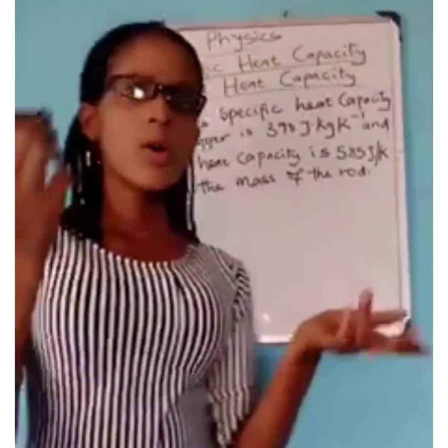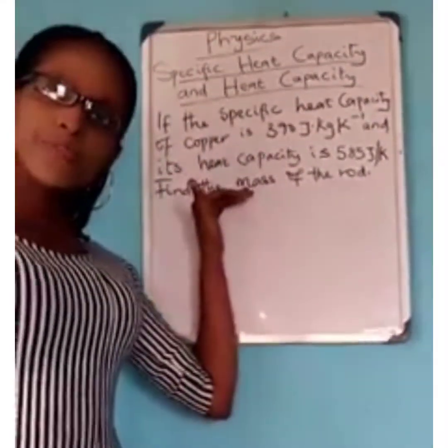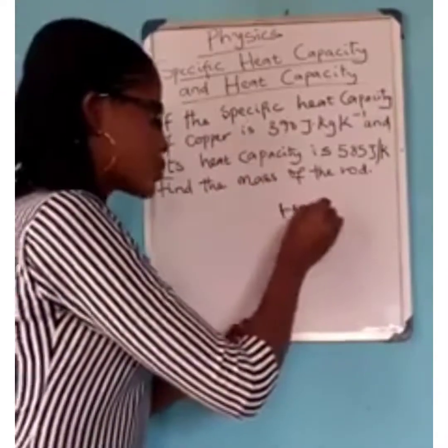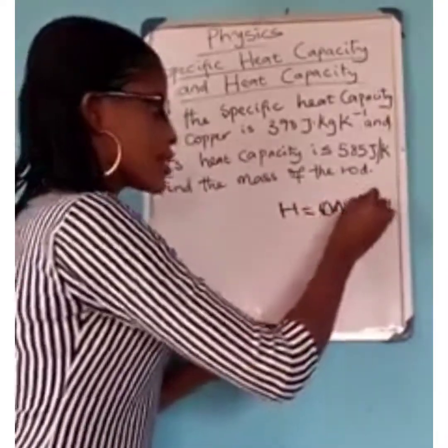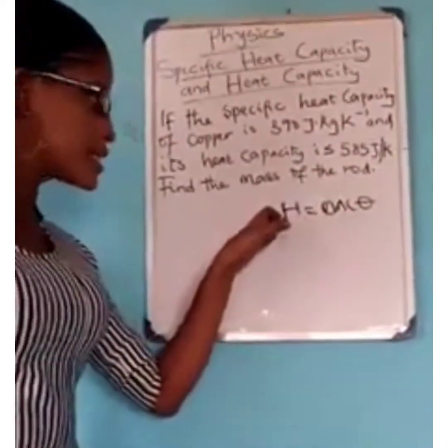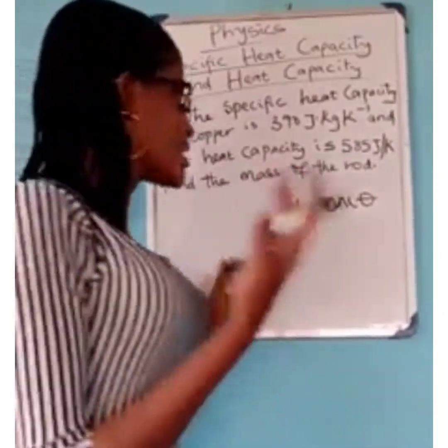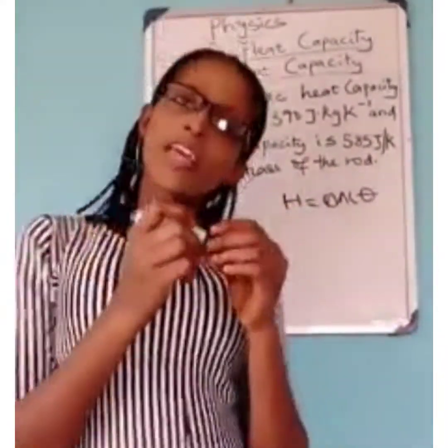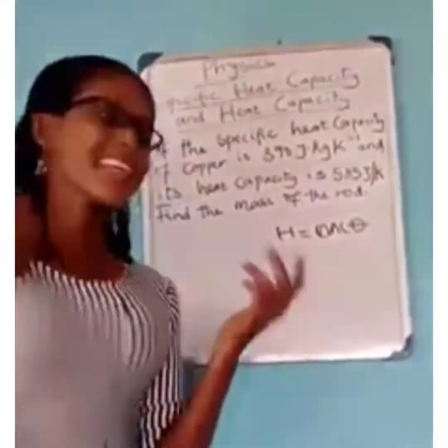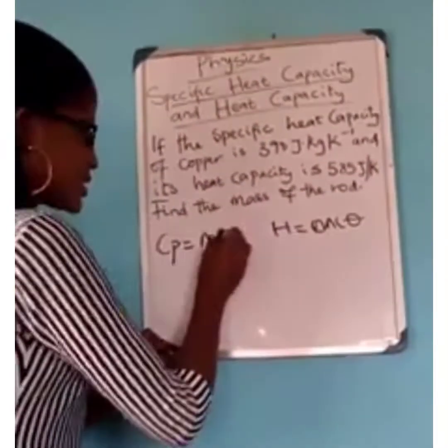So you can guess what formula we're going to use since we're asked to find what? The mass. You can't possibly use H is equal to mc theta, because here you're not given the change in temperature, you're not given the amount of heat, you're only given specific capacity and heat capacity, and you're asked to find the mass. So guess what formula we're going to use? You can see we're going to use Cp is equal to mc.